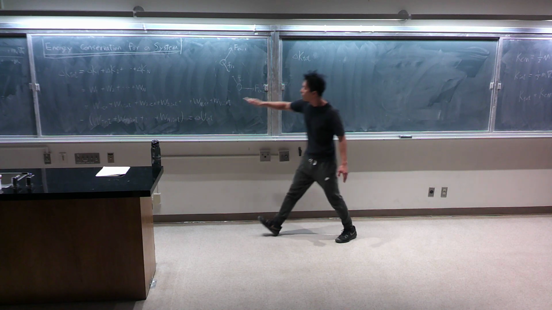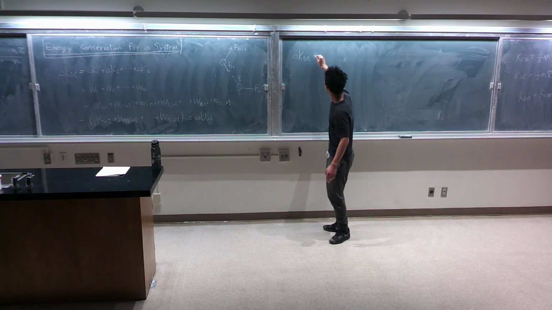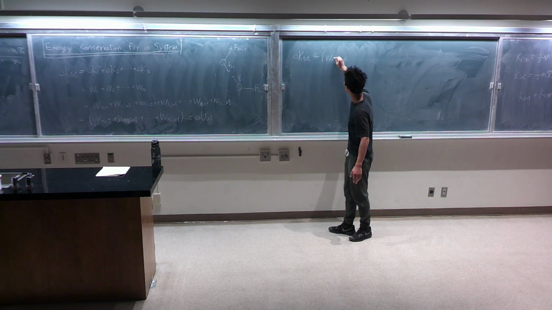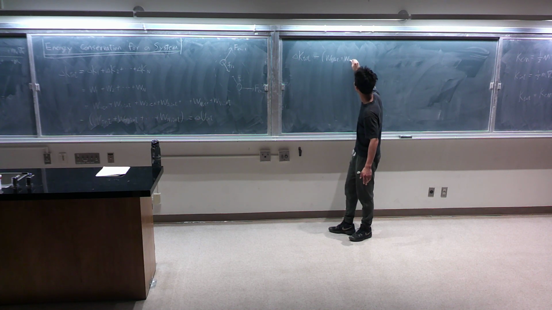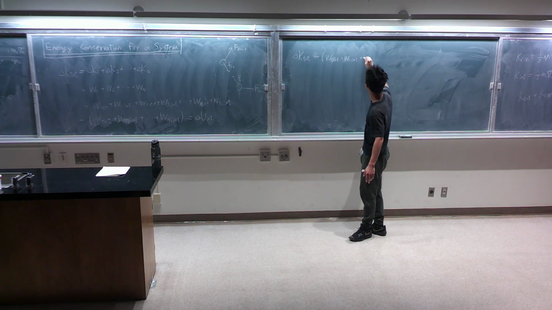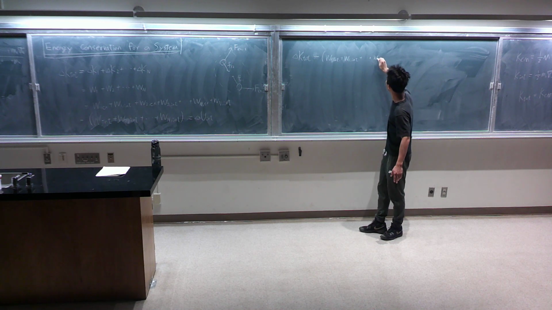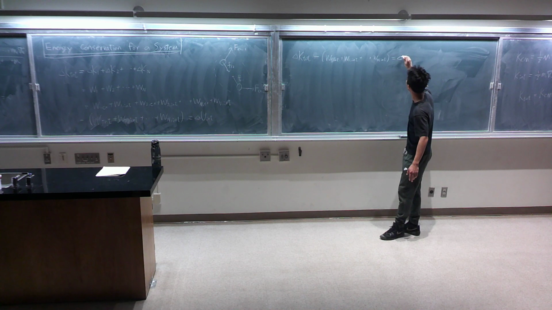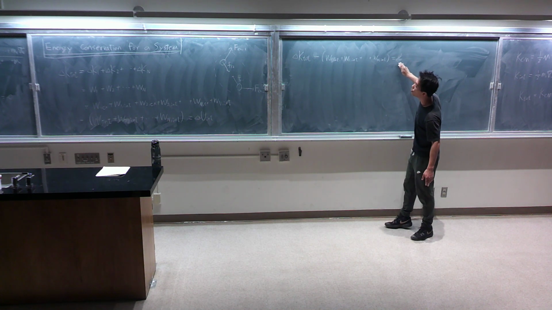I'm going to move the internal work to the other side, so I have minus the sum of internal work. And that will equal to the rest of the external work.